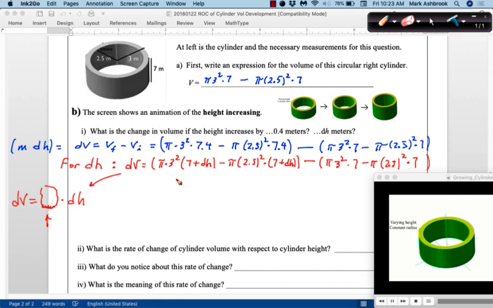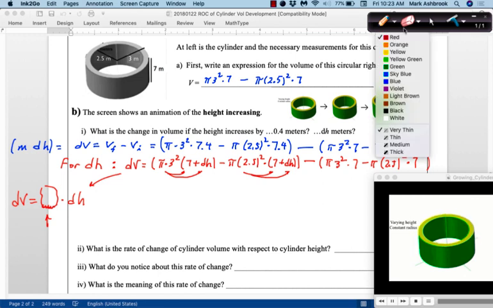So we're going to first start by distributing these. I'm going to take the pi times 3 squared and the pi times 2.5 squared and distribute them and multiply by 7 and dH, and then also 7 and dH. And then notice what we have here.